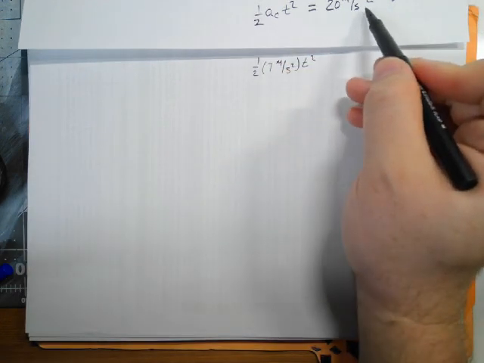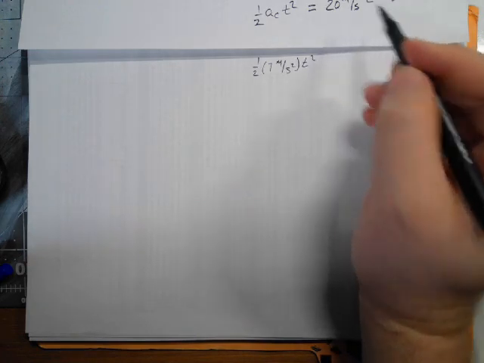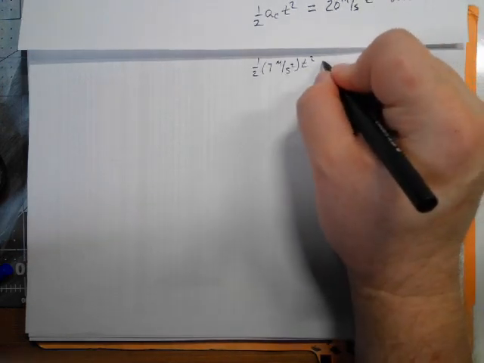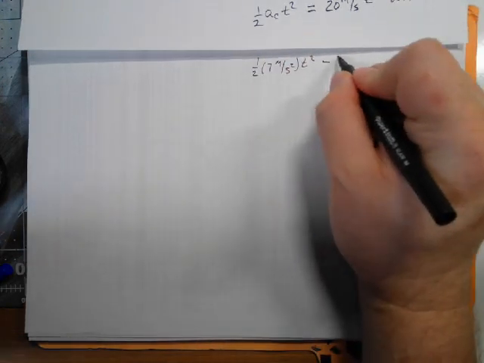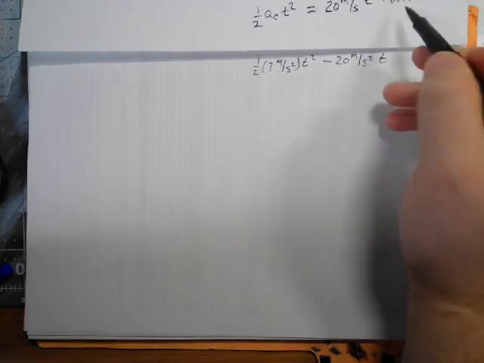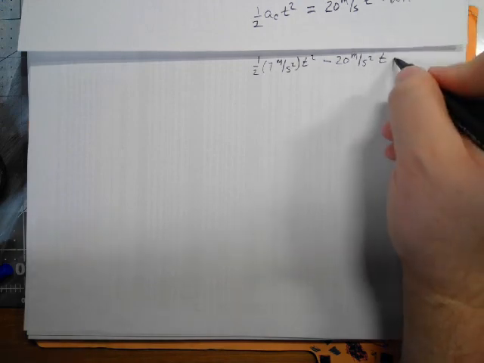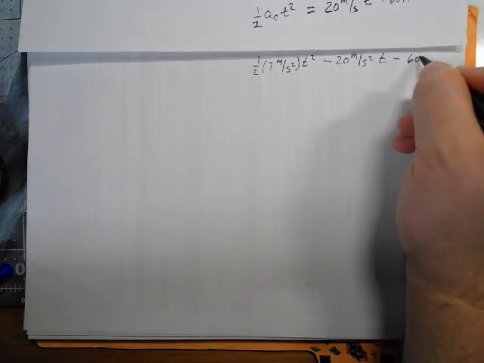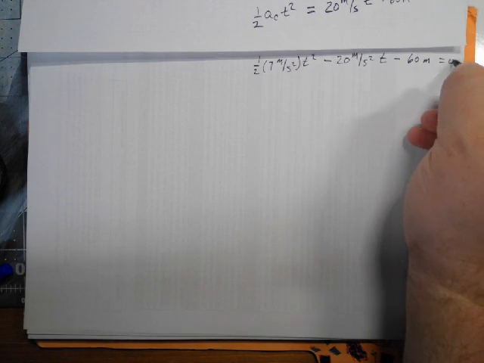And then we're going to have this 20 meters per second times t, and that's going to be subtracted over. So minus 20 meters per second times t. And then we have this 60 meters we subtract over. Minus 60 meters is 0.